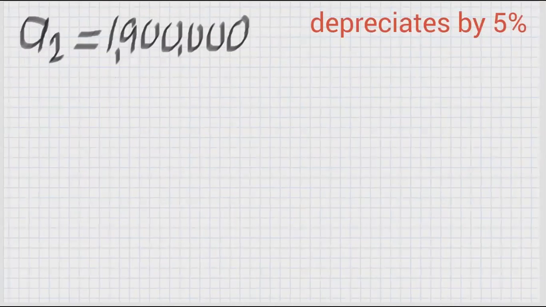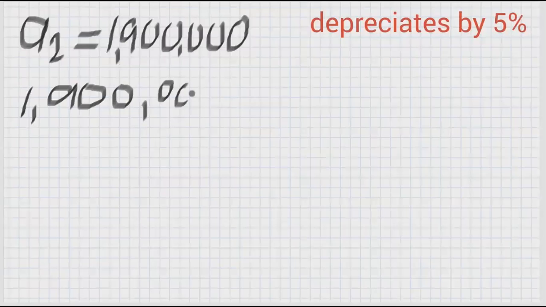So we need to get again the 5% of the second term, 1,900,000. We need to multiply it by 0.05.